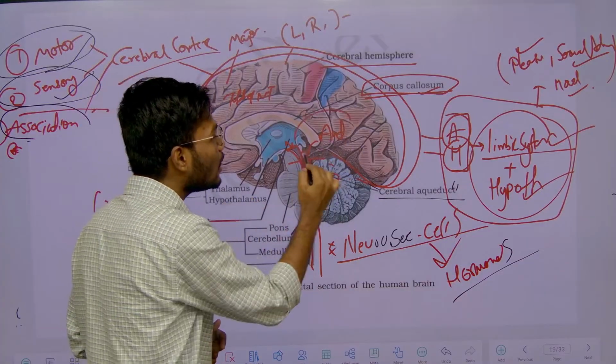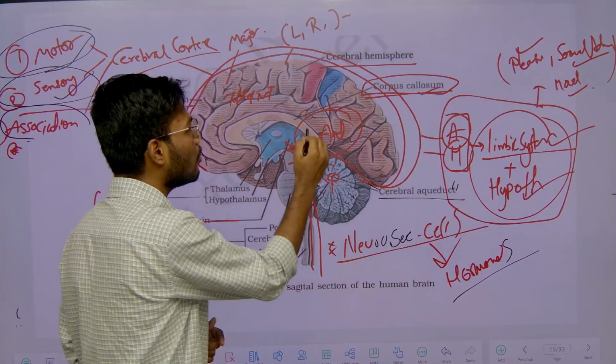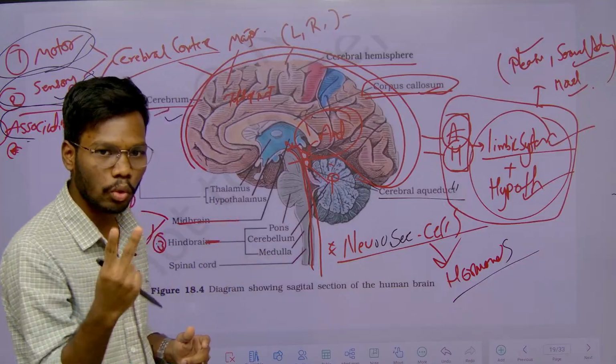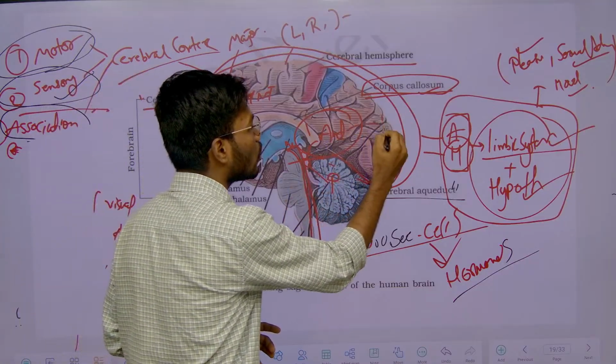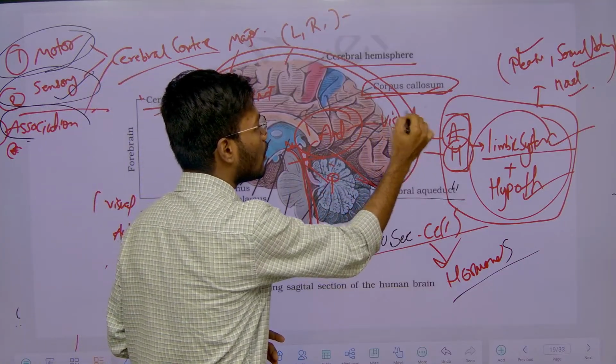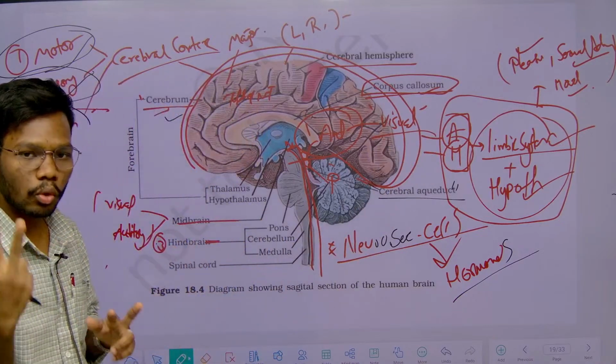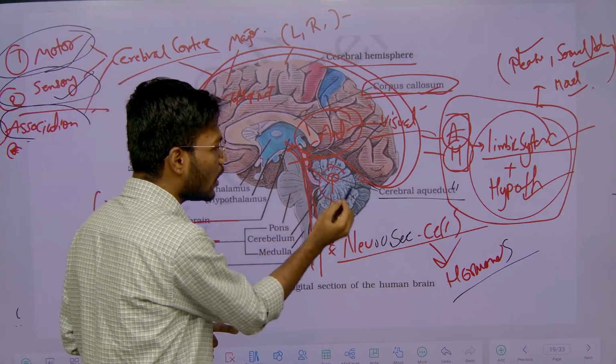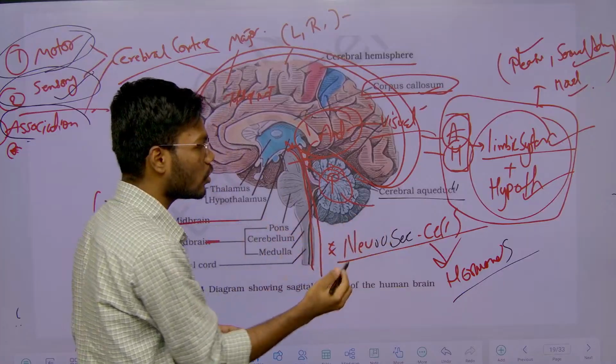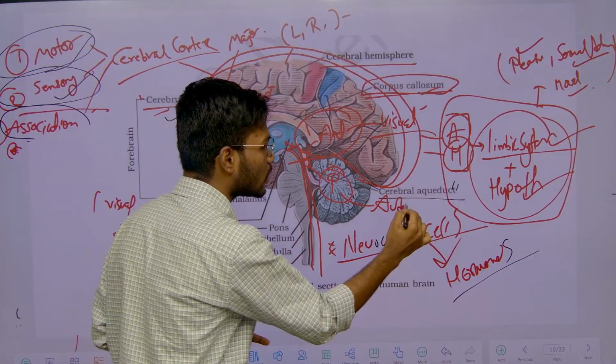The anterior lobes do the function of visual reflexes, and the two lobes at the posterior region do the function of auditory reflexes.